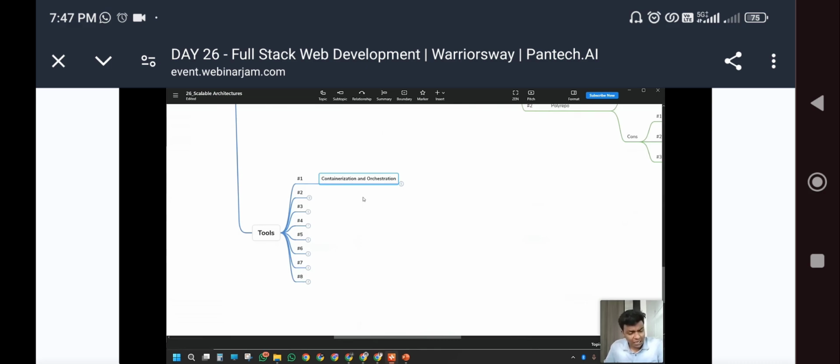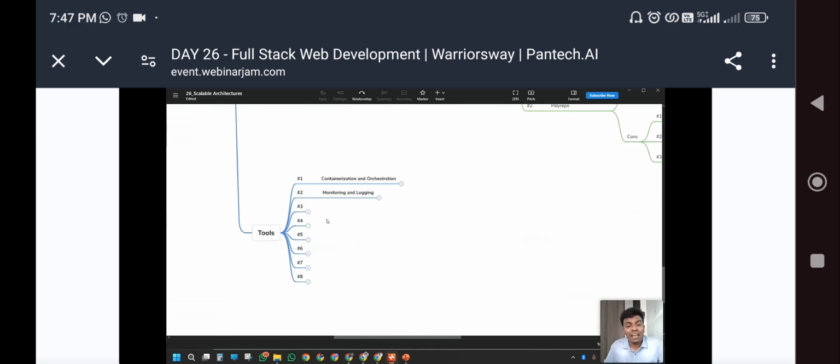We have already discussed containerization, where we used Docker to package all the repositories of our source code into a Docker image, and we can put that Docker image into Docker Hub. Whenever people want it, they can pull it and execute it. So the first category is containerization and orchestration.